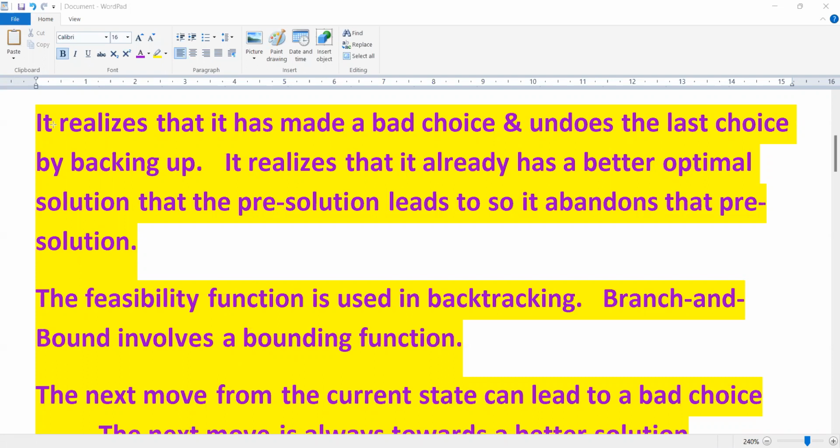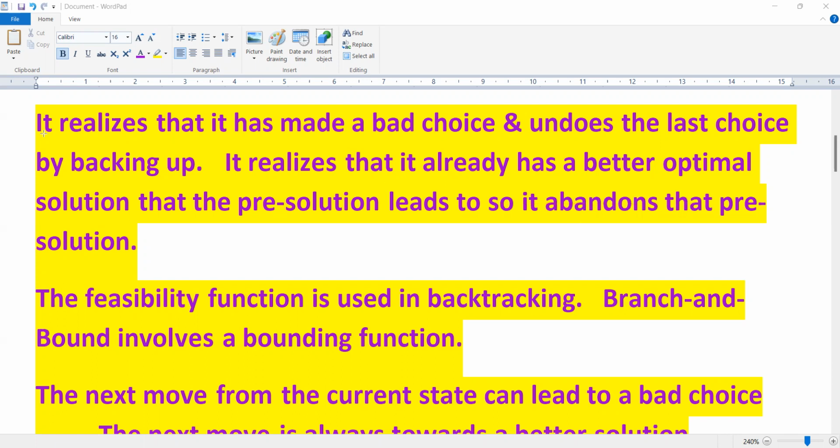In branch and bound, it realizes that it already has a better optimal solution than the pre-solution leads to, so it abandons that pre-solution.